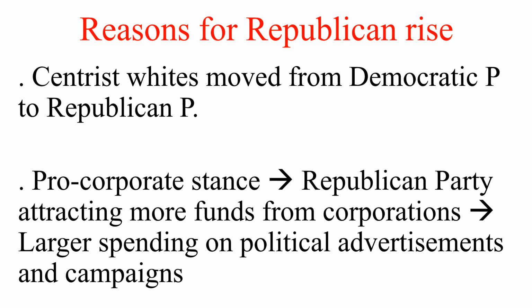The second dynamic was that the Republican Party took a very strong pro-corporate stance in its platform, starting from the 1980s. So as a result, the party could attract much more funds from corporations than the Democratic Party did, and they turned around and spent much larger sums on political advertisements and campaigns, which in turn translated into increased votes for the Republican Party.